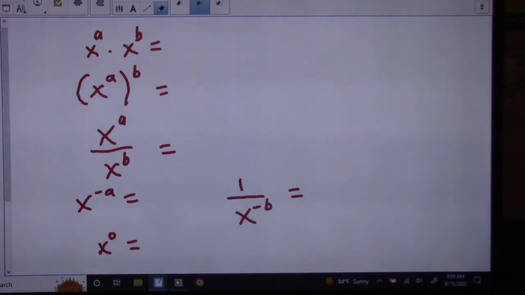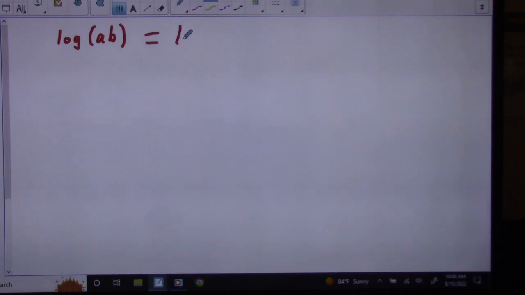So now the next thing we're going to talk about is basic rules of logarithms. If you have log of AB, this is going to be equal to log of A plus log of B. So that's kind of the product rule of logarithms.